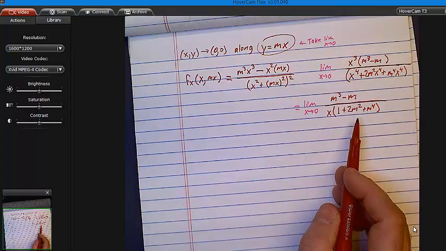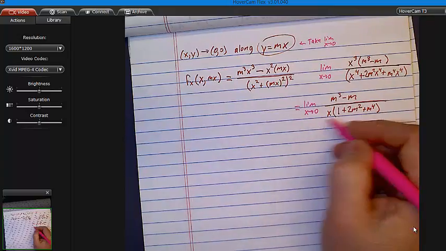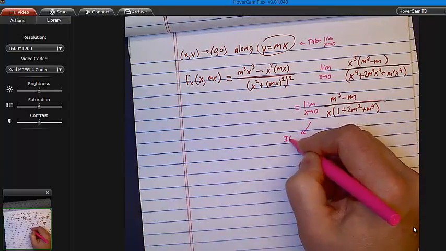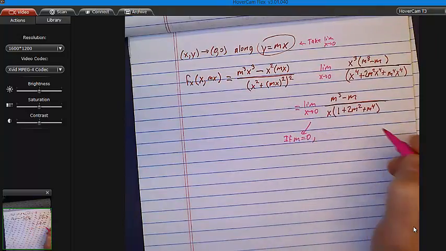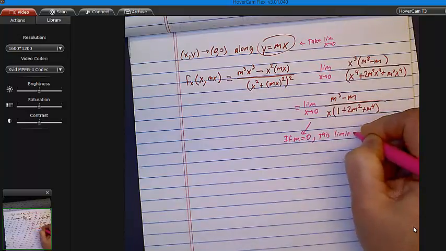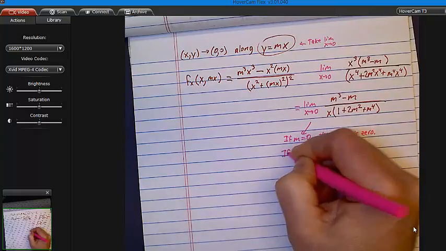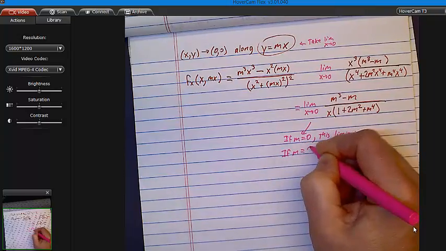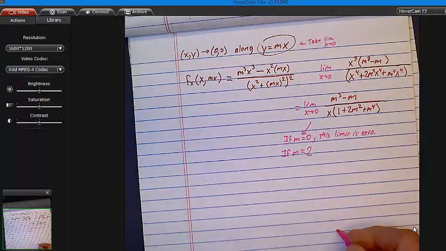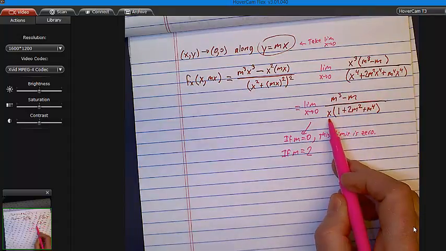Okay. Now, what does this limit equal? Well, it depends. If m equals 0, this limit is 0. But if m equals anything else, like 2, then you have some number in the top and some number in the bottom, but the x is going to 0.